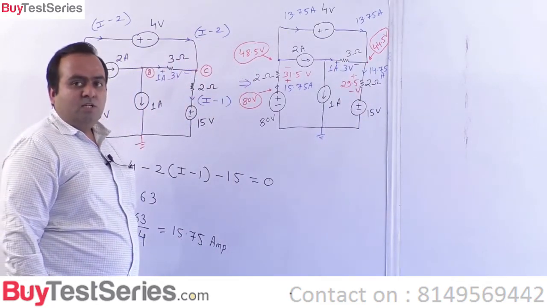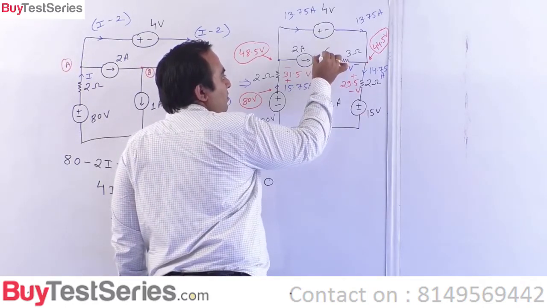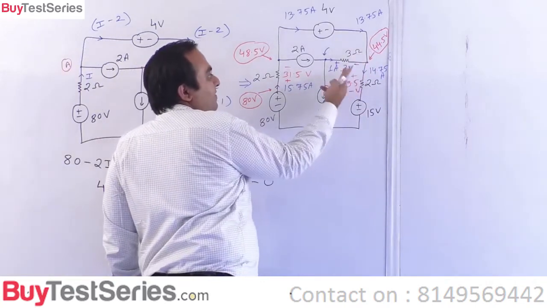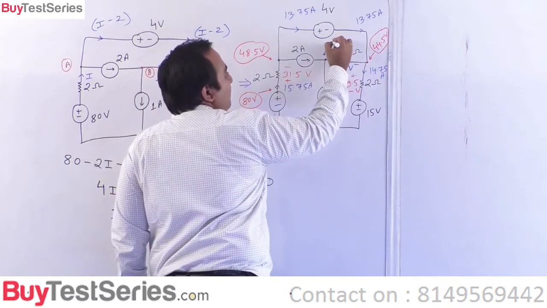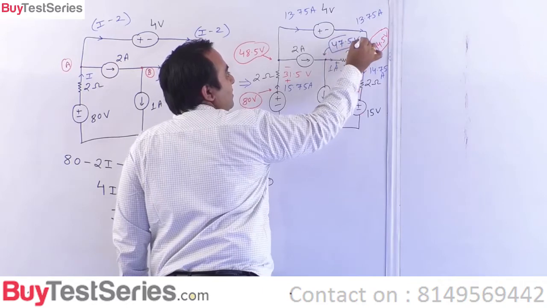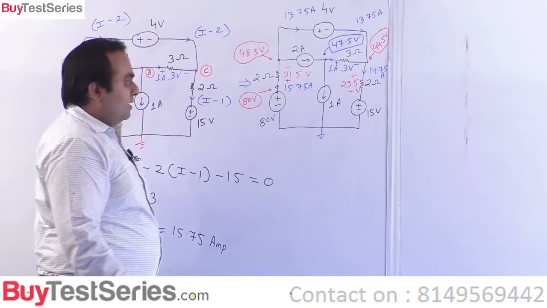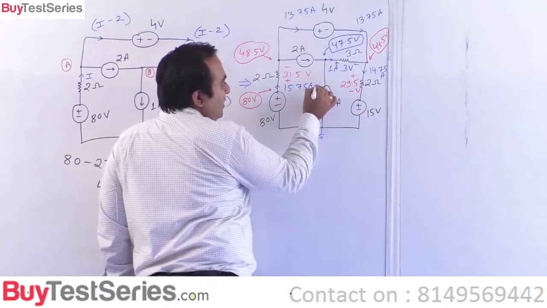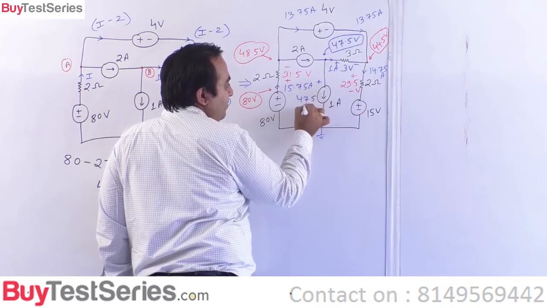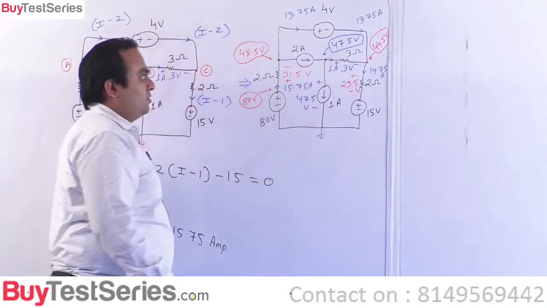If this is 3 volts, this voltage has to be 44.5 plus 3, so this has to be 47.5 volts. This voltage is 47.5 volts, so the voltage across this current source is 47.5 volts, because this node is the voltage across this current source only.